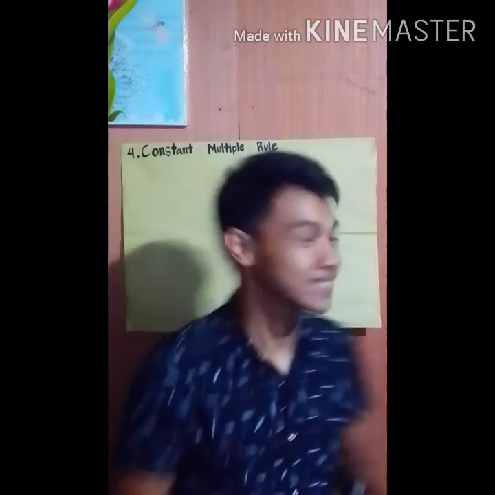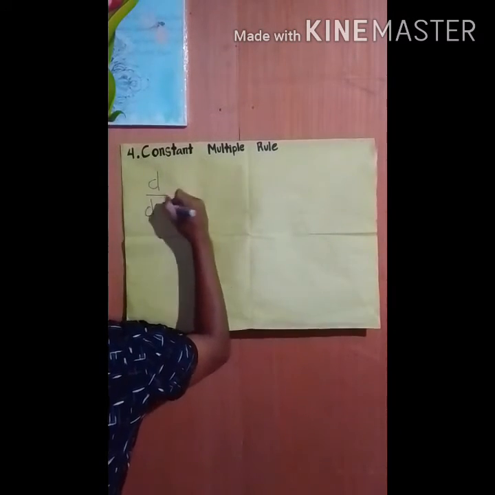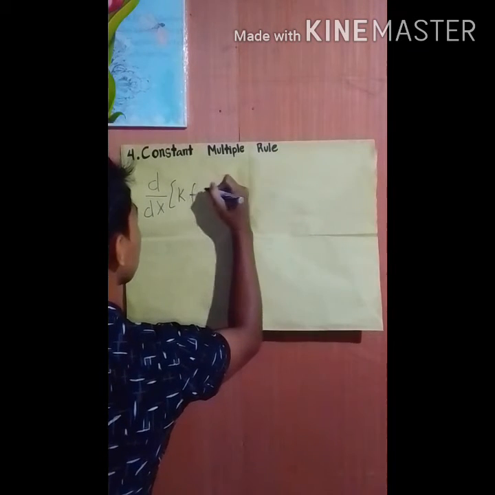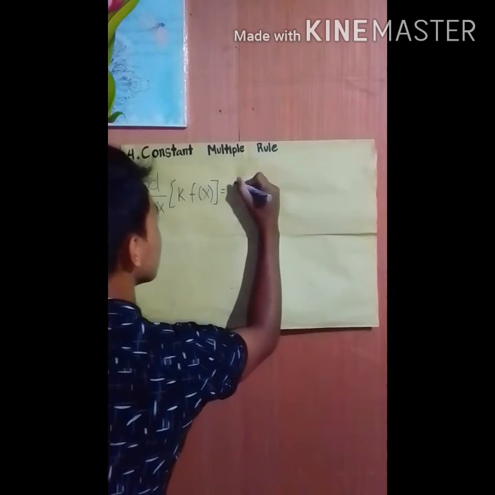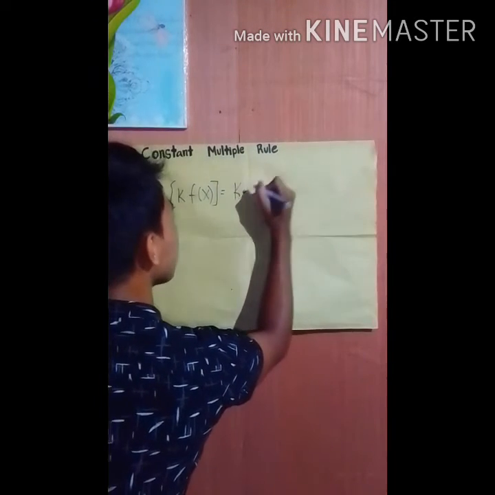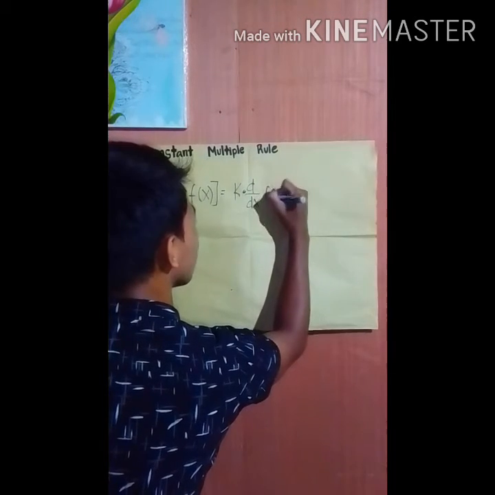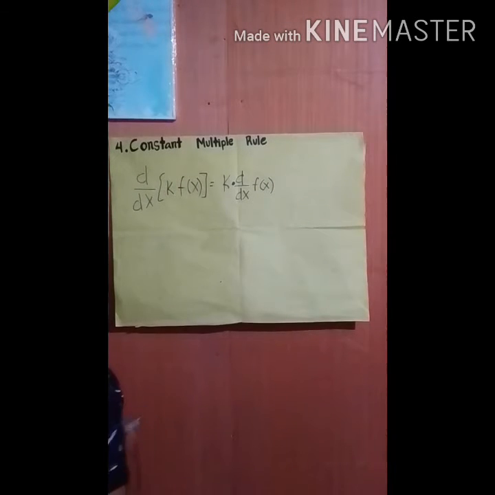The derivative of a constant multiplied by a function is equal to the constant multiplied by the derivative of that function.